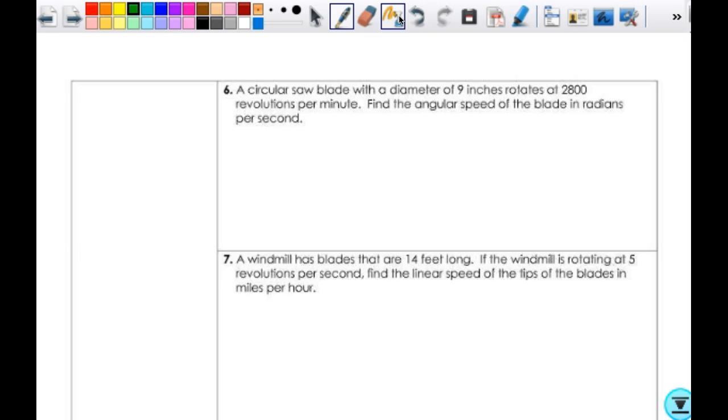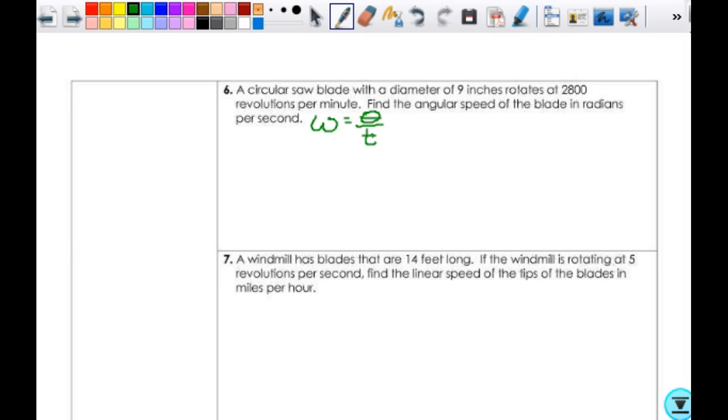A circular saw blade with a diameter of 9 inches rotates 2,800 revolutions per minute. Find the angular speed of the blade in radians per second. Angular speed, or angular velocity, is when we use omega. Omega is equal to theta over time. So I need to find theta, and it gives me the diameter. Do I even end up using that?